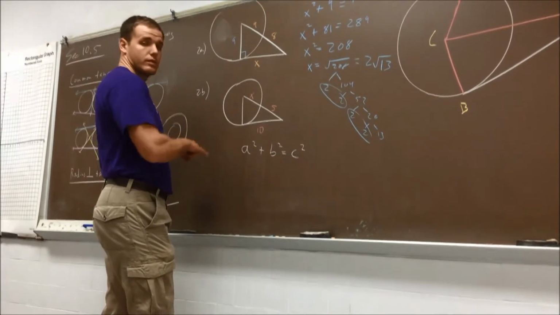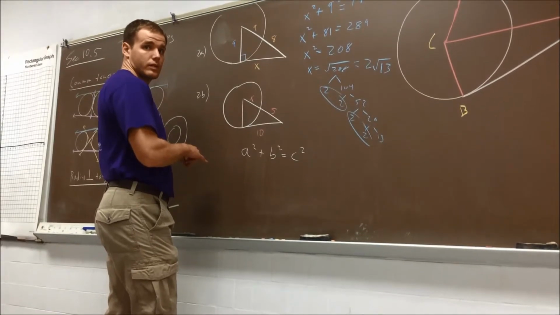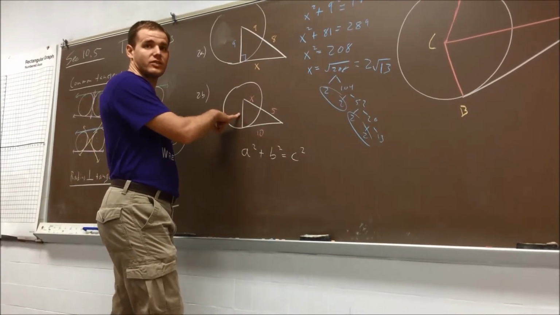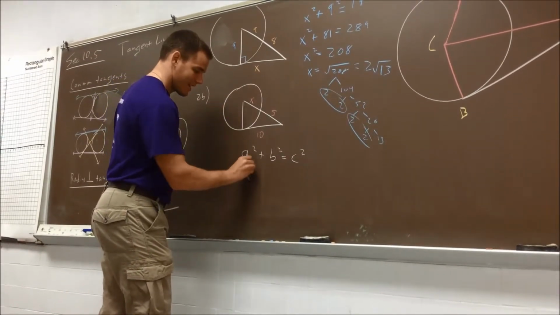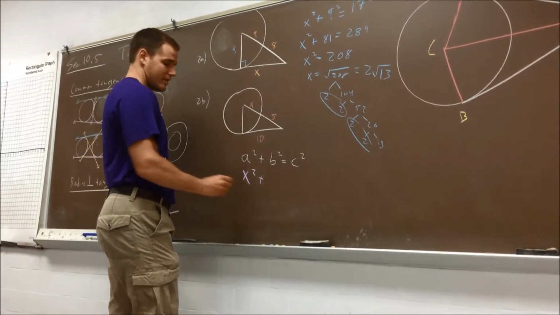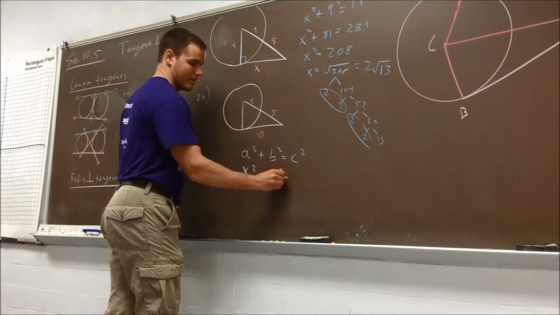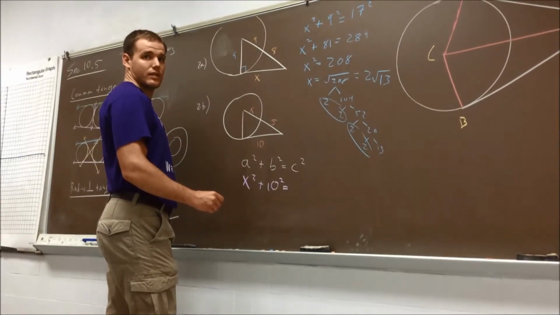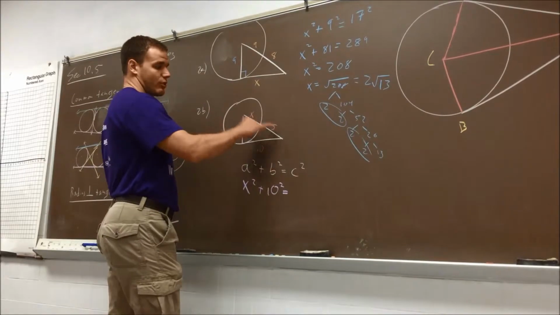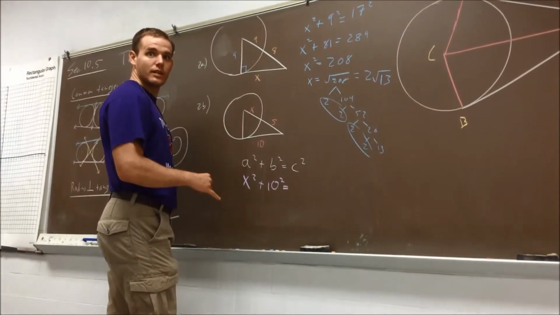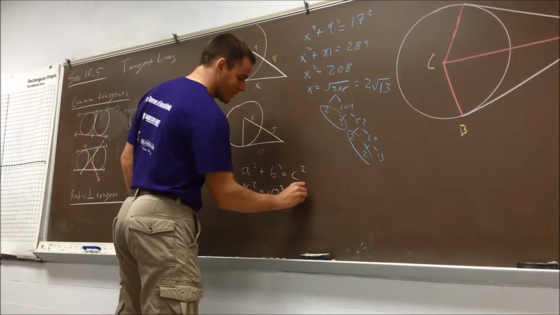Okay, what's a? Or the radius is? So how much is the radius? It tells us right here. It's x, yeah. x squared plus 10 squared is equal to, how long is this whole thing? 5 plus x, yes.